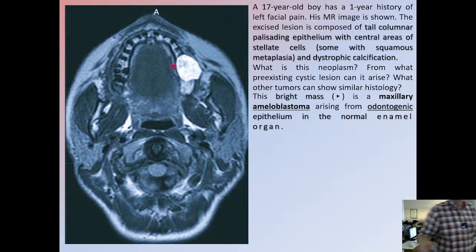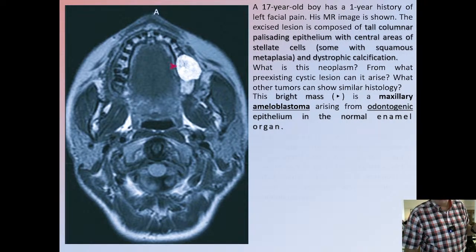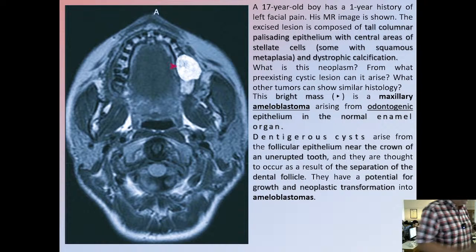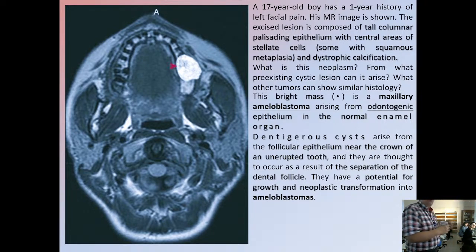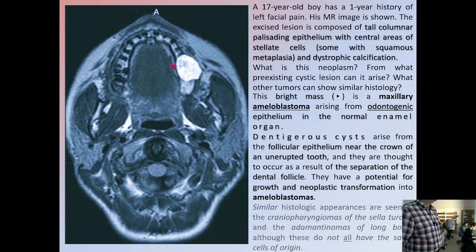So this is an ameloblastoma. This is a tumor which can arise on the background of a dentigerous cyst, and it requires wide excision as well as the odontogenous keratinocysts that we previously saw.